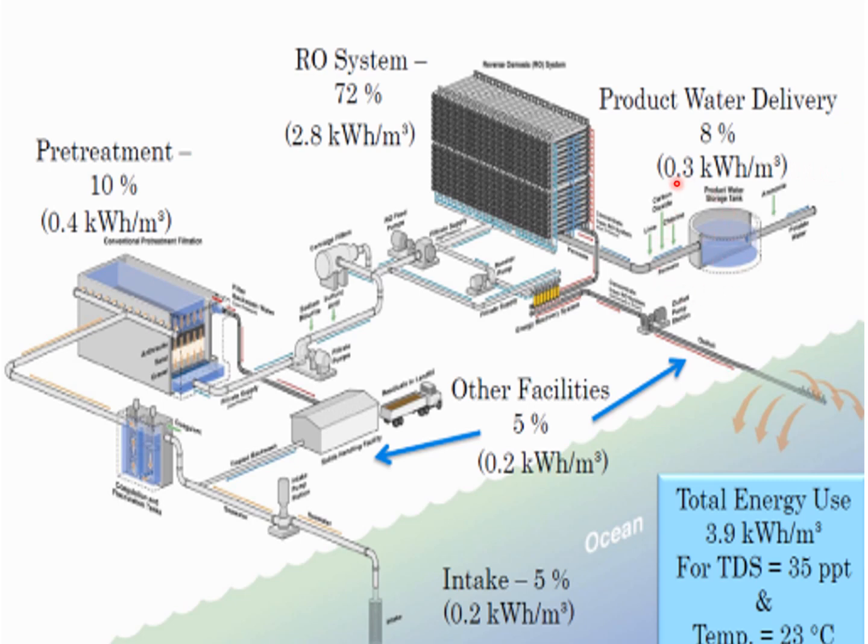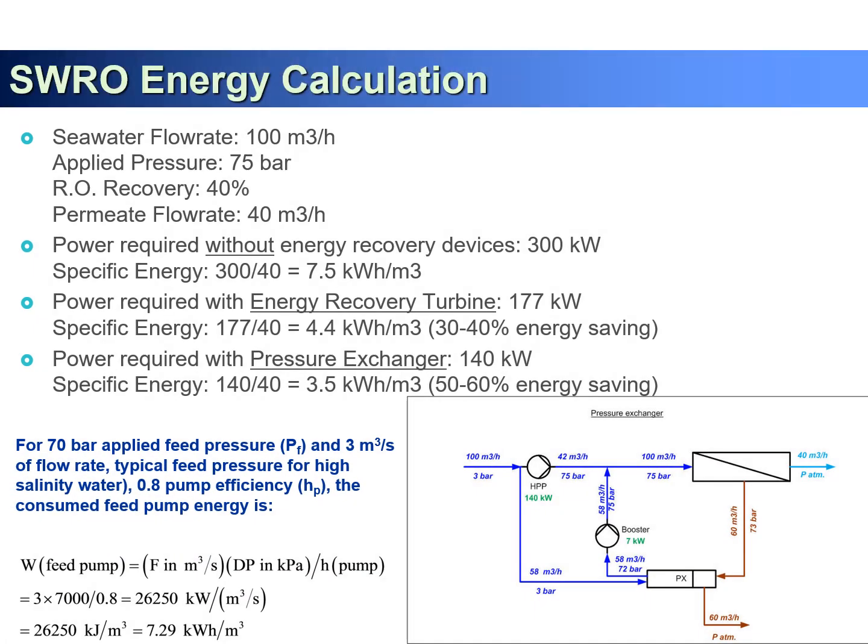So pumping energy consumption is 0.3 kilowatt hour per cubic meter, almost 8% of overall energy consumption. Also, we have other facilities such as sludge disposal and discharge of our brine, and we need around 0.2 kilowatt hour per cubic meter, 5%. So altogether 3.9 kilowatt hour per cubic meter. As I mentioned, this is how to calculate energy.